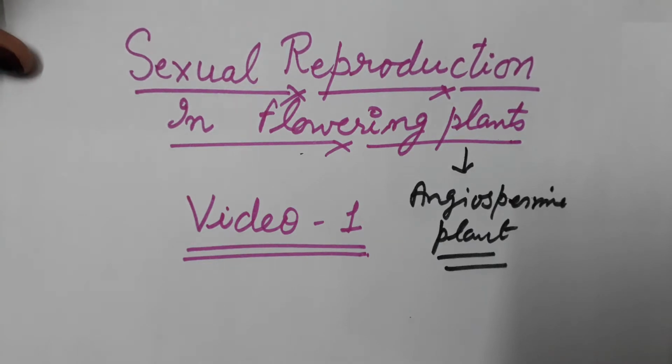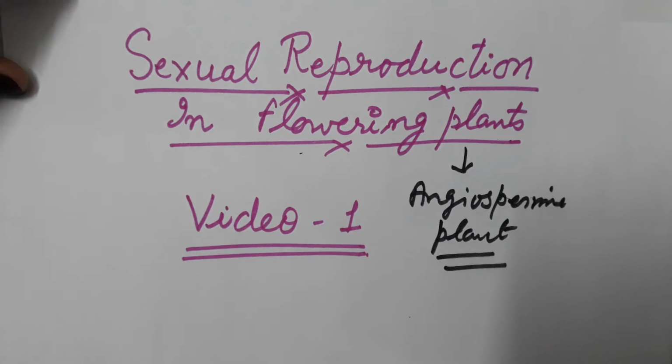In previous chapter we studied the different phases in the life cycle of a plant. The first phase is the vegetative phase. After completion of the vegetative phase of the plant, reproductive phase started. How can we recognize the reproductive phase in case of angiospermic plant?